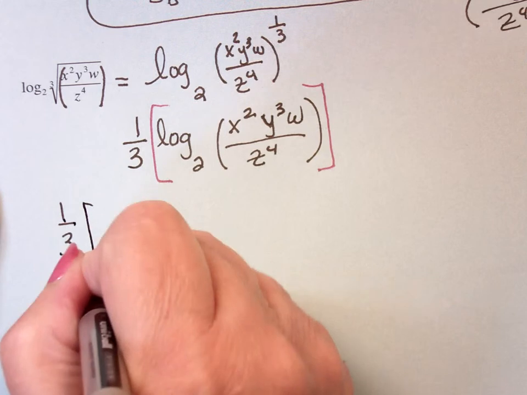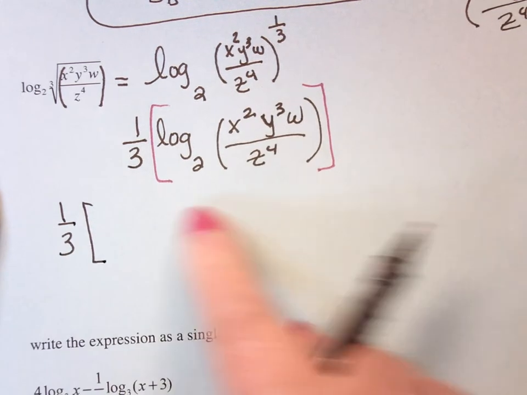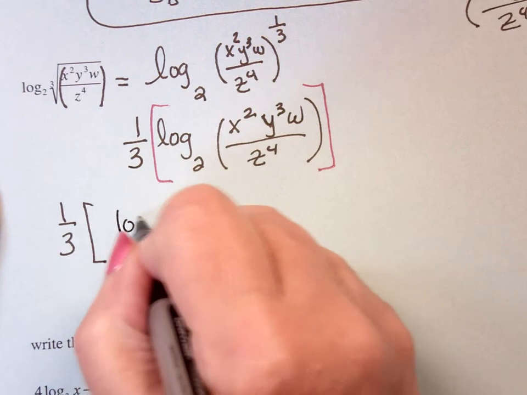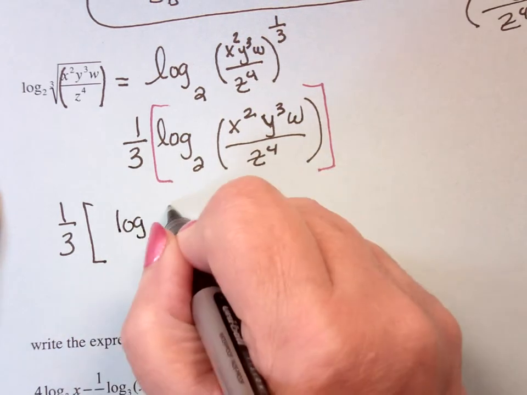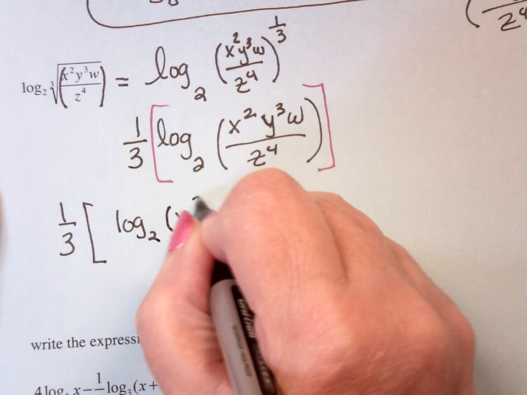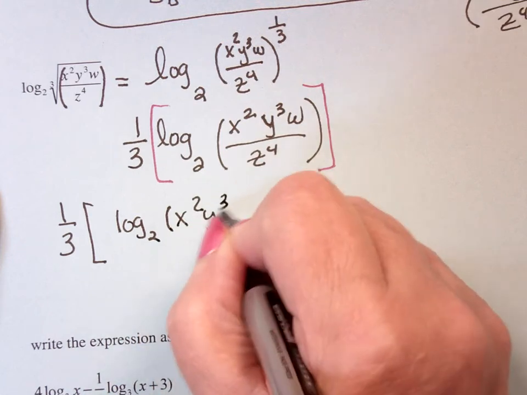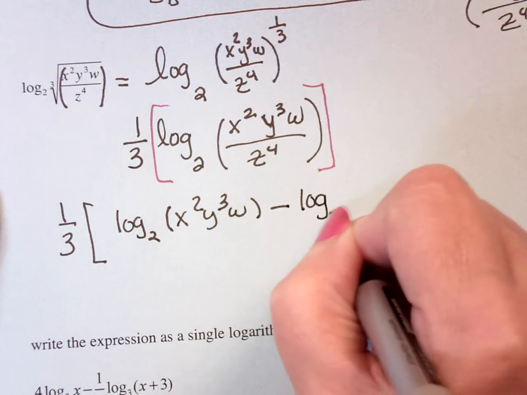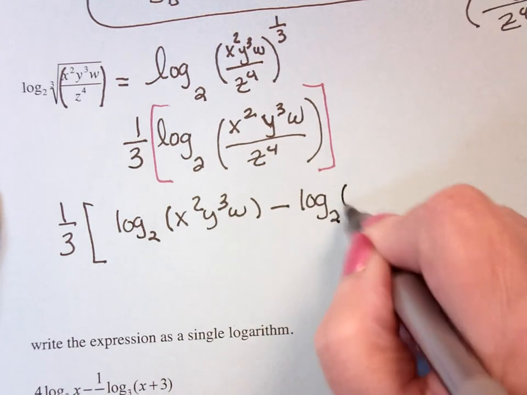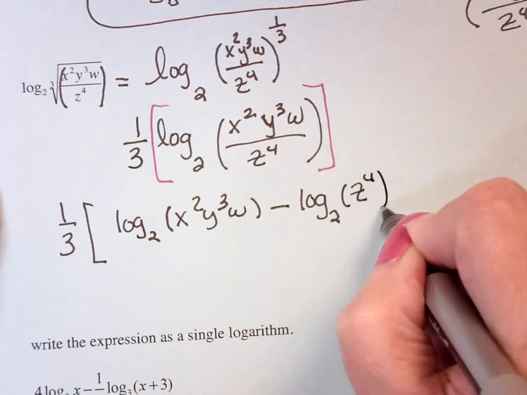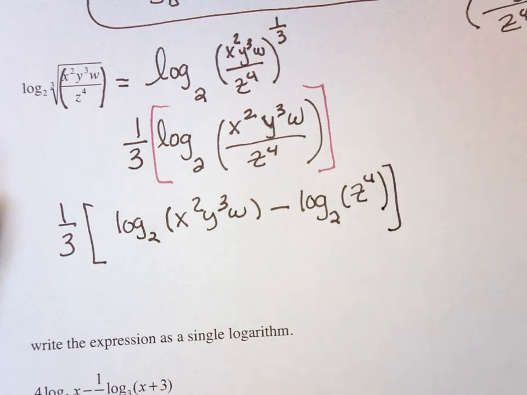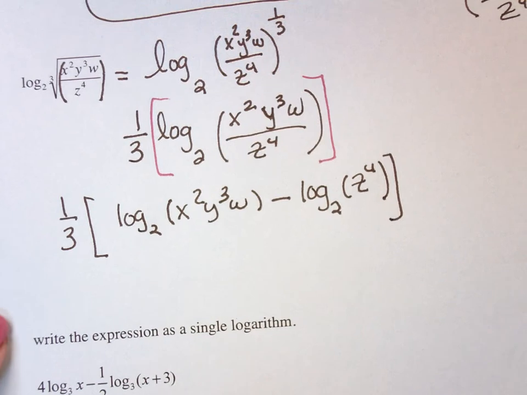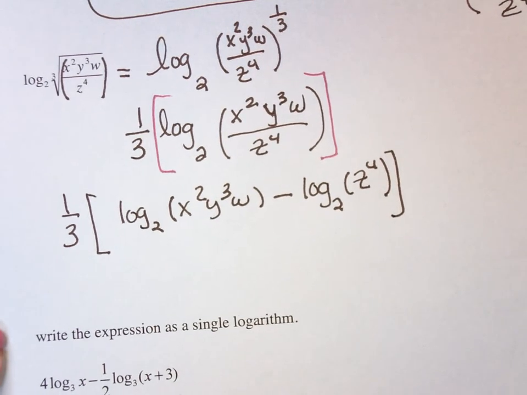Then this becomes 1/3, and then I'm going to start taking this guy and breaking him apart so that it is log base 2 of the numerator subtract log base 2 of the denominator. I've already made a note to myself that I need more space for this problem.